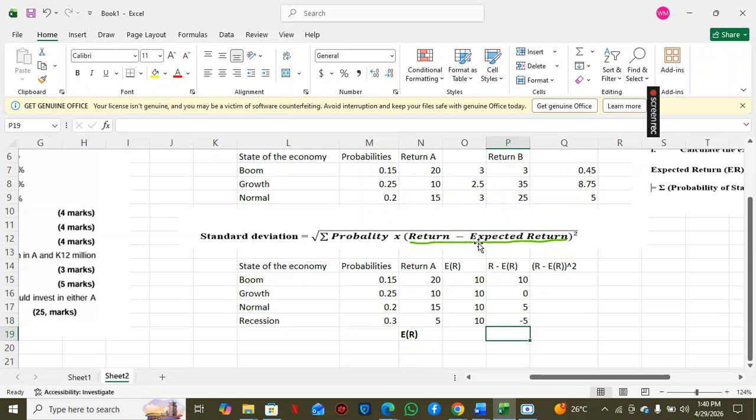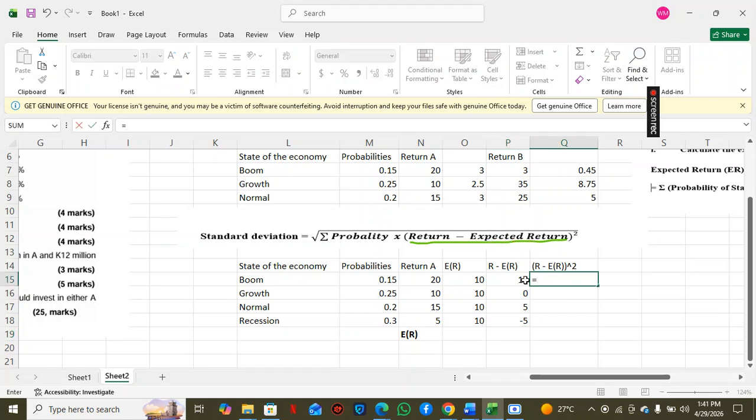After we subtract that, we get the deviation, because return minus expected return is the deviation. After you get the deviation, you square each deviation. So 10 squared is 100. 0 squared is 0. 5 squared is 25. Negative 5 squared is 25.